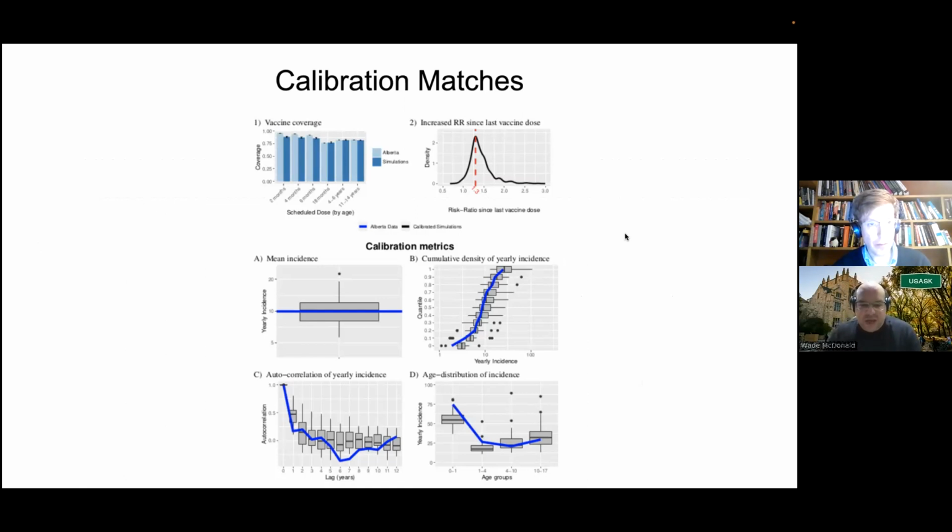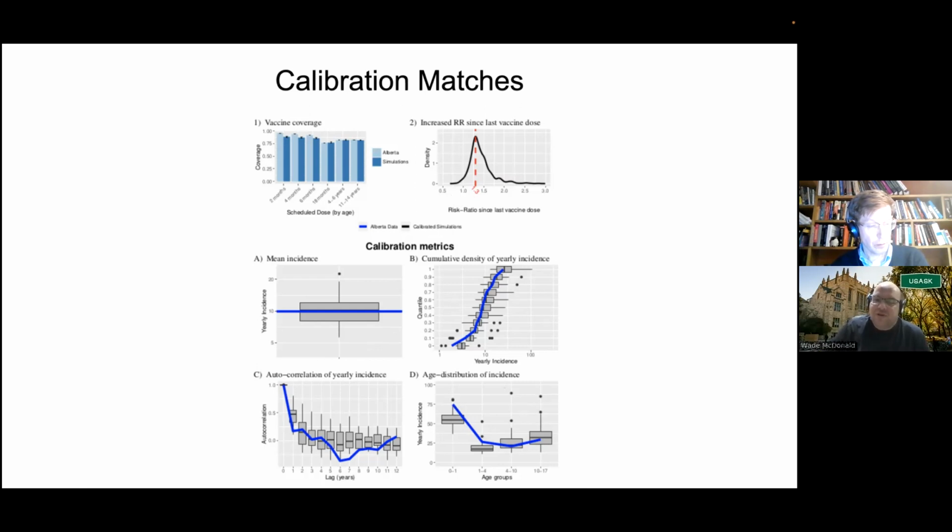These represent calibration matches. So the vaccine coverage, we viewed a figure of this previously. We also matched to the average risk ratio since the last vaccination dose, mean yearly incidence, density of yearly incidence, autocorrelation of yearly incidence, and age distribution of pertussis incidence.